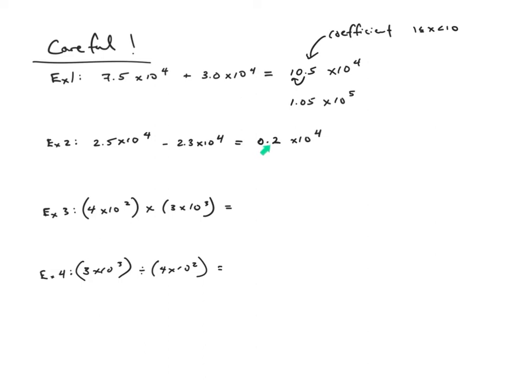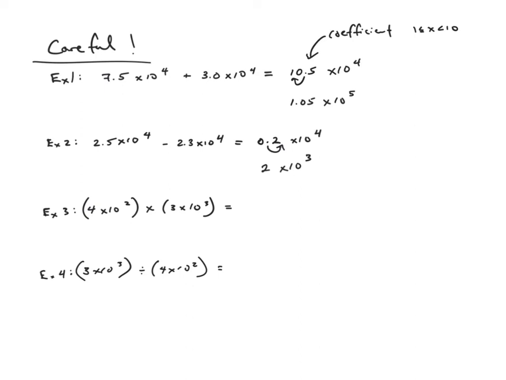Well, here it's less than 1, right? So I need to move my decimal to the right one time. Okay, so I get 2 now times 10. I move to the right one time, which means my exponent is going to subtract 1. So this is now 2 times 10 to the 3rd is the correct answer there for that one, in proper scientific notation.